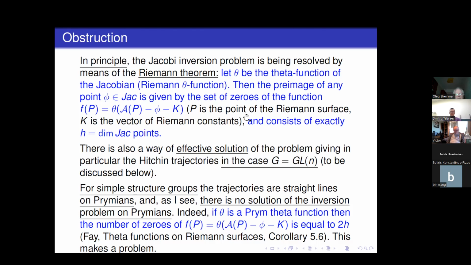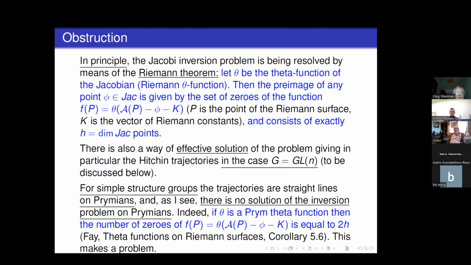P here is a point of the Riemann surface, in our case the spectral curve. It's known by the Riemann theorem that the preimage consists of exactly h points, where h is the dimension of the Jacobian. There is also a way for an effective solution of the problem, in particular giving the Hitchin trajectories via theta functions in the case of G equal to GLN. Unfortunately, I will not have time to show the last slide with the corresponding formula.